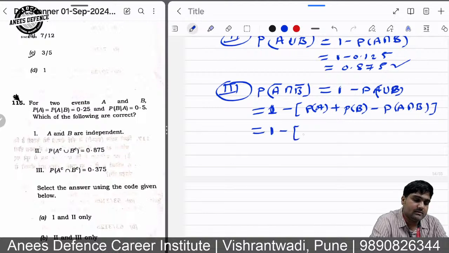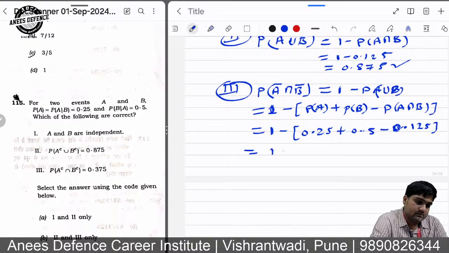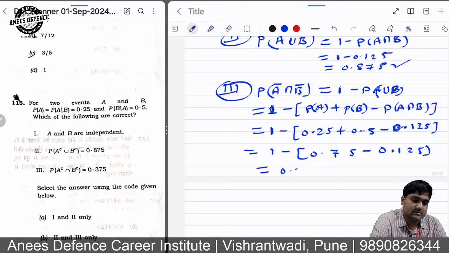Probability of A is 0.25, probability of B is 0.5, and A intersection B is 0.125. So 0.75 minus 0.125. When we solve this, we get 0.375. So statement 3 is also correct.